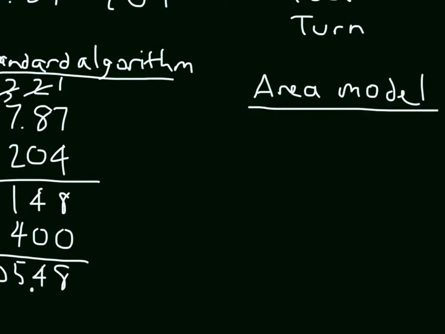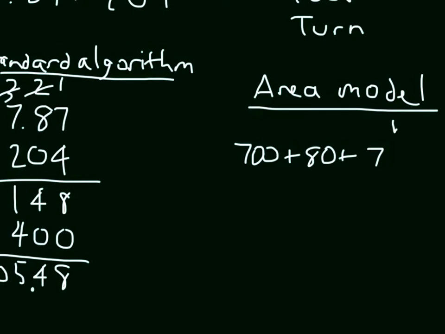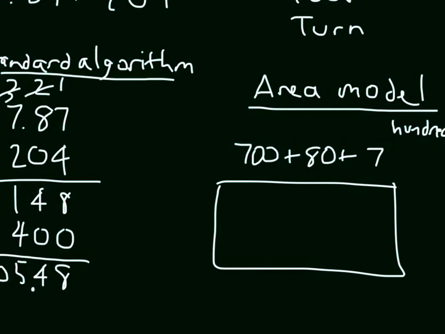In setting up my area model, I'll break down 787 to begin with. That breaks down into 700, 80, and 7. Remember, that's hundredths. And I am multiplying by 204, which I'll break down into 4 plus 200.